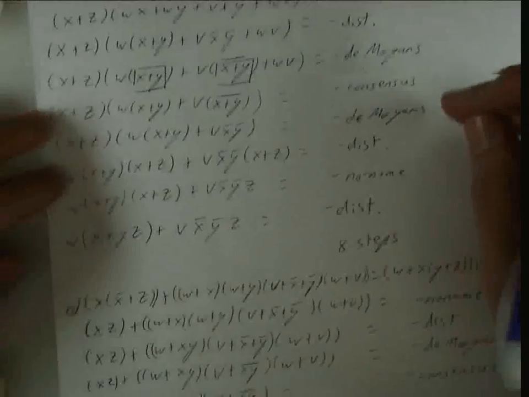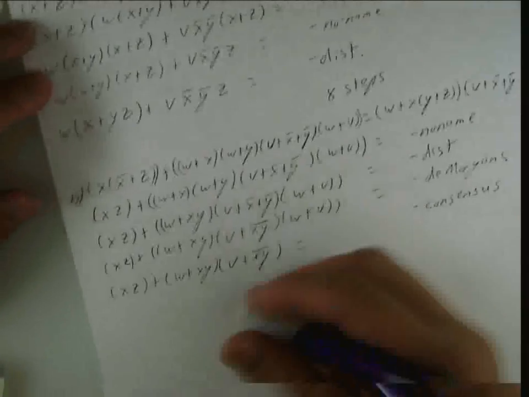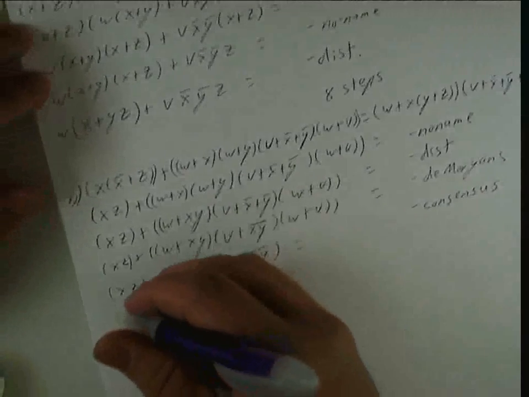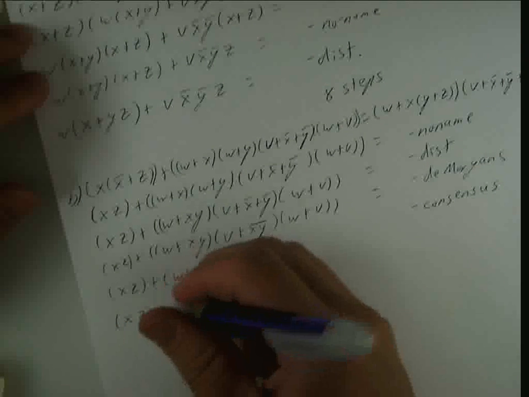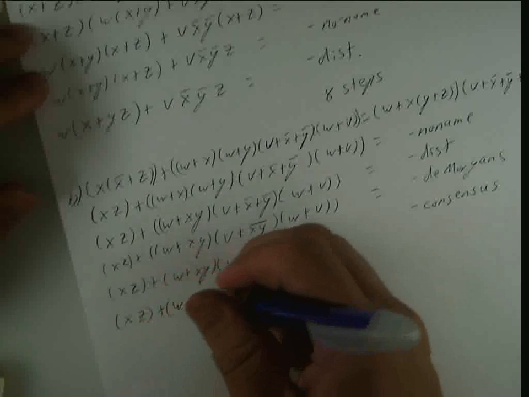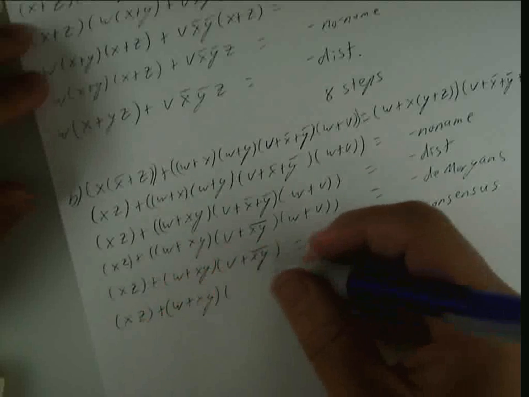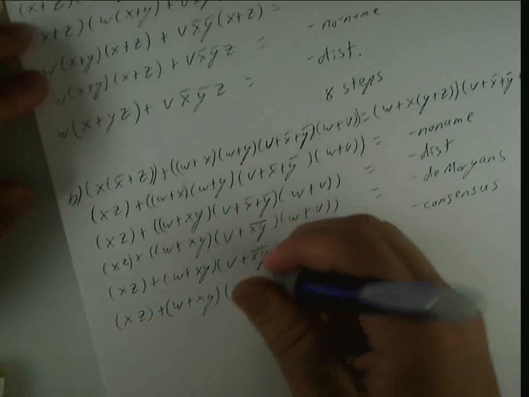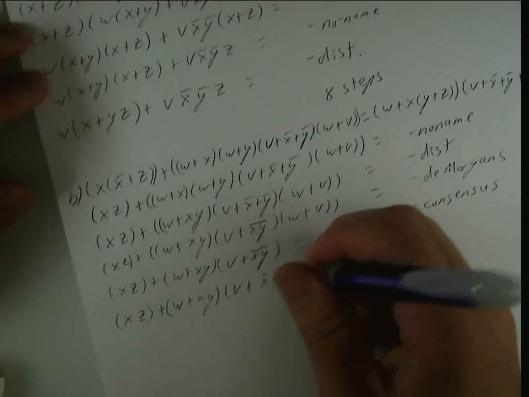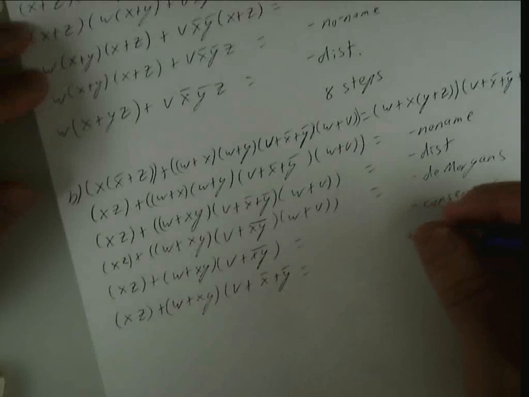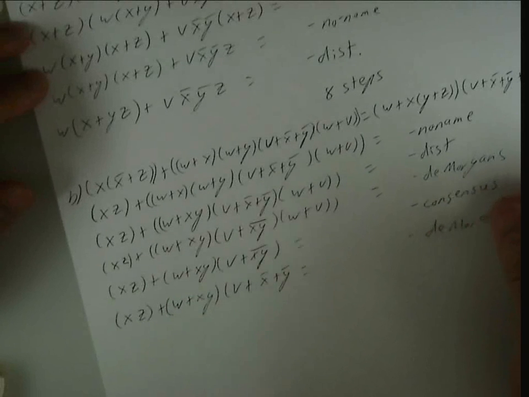And now my next step was to put that back out into De Morgan's form. So this was xz or w or xy, and De Morgan's this, De Morgan's.